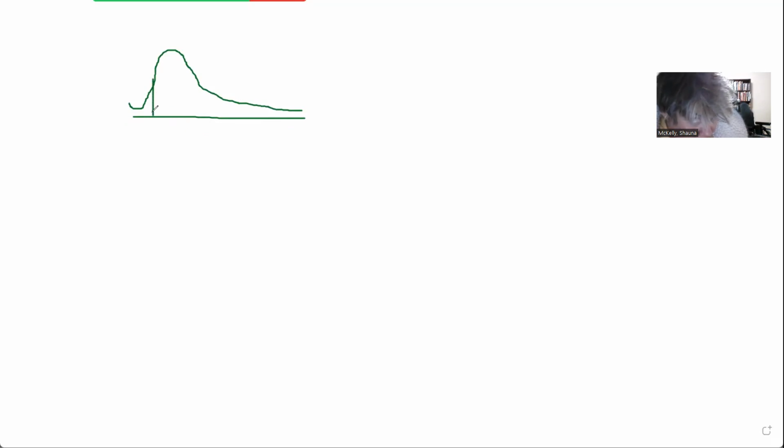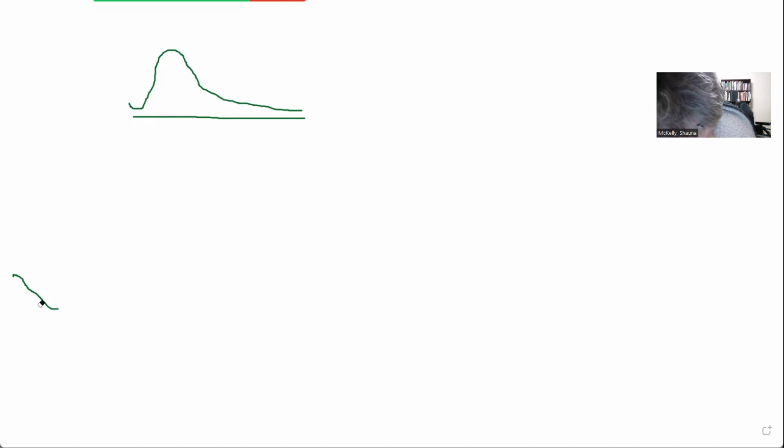Here's my value, right? So this is a right tail. So let me erase this and put this in the correct tail distribution.